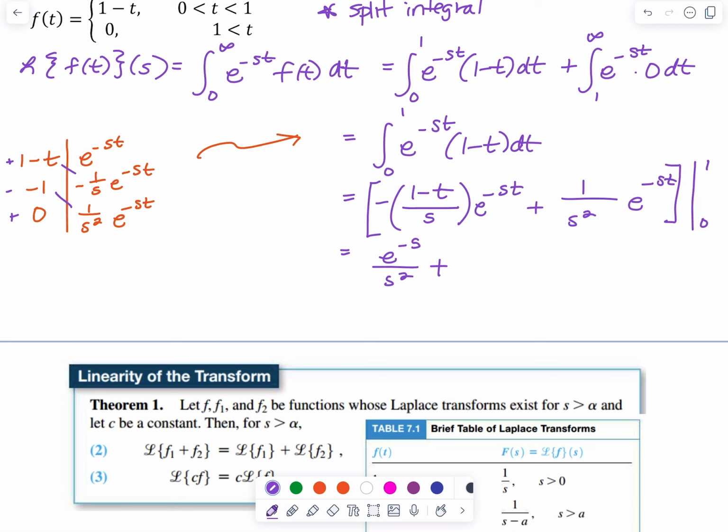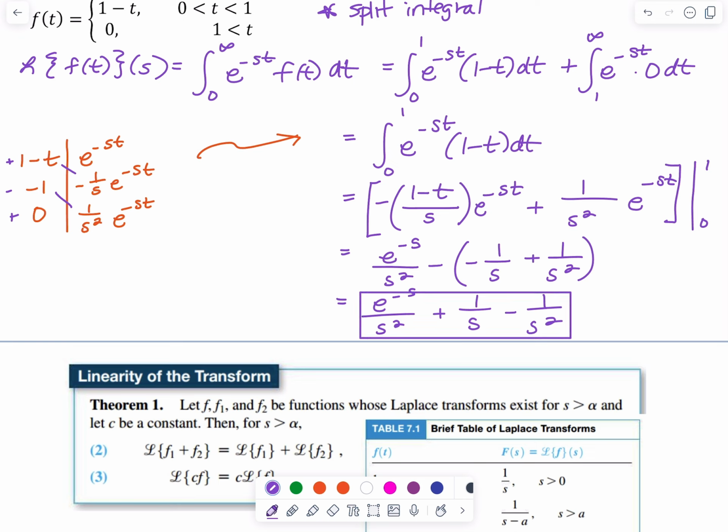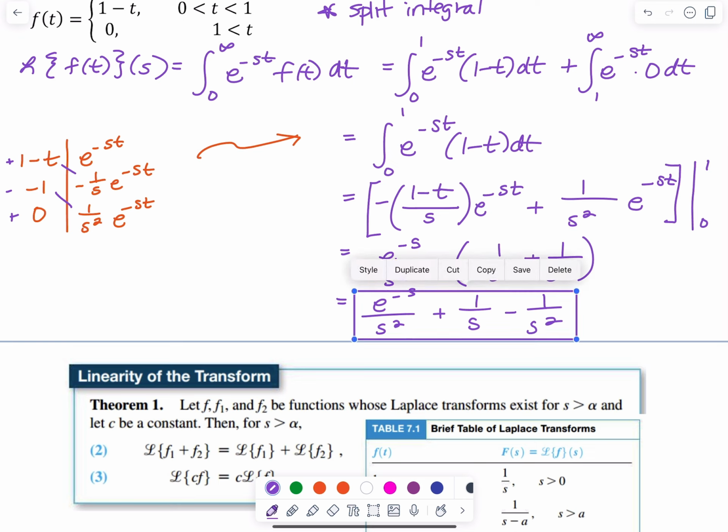So that would be minus negative 1 over s plus 1 over s squared. And then we come up with e to the negative s over s squared plus 1 over s minus 1 over s squared. And of course, this is for s not equal to 0.